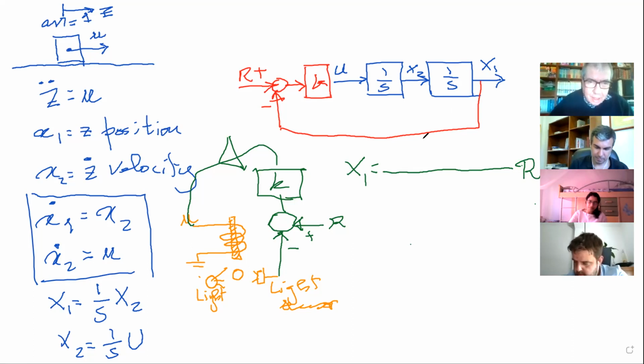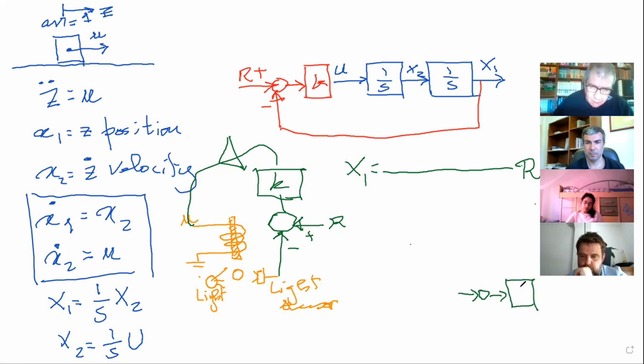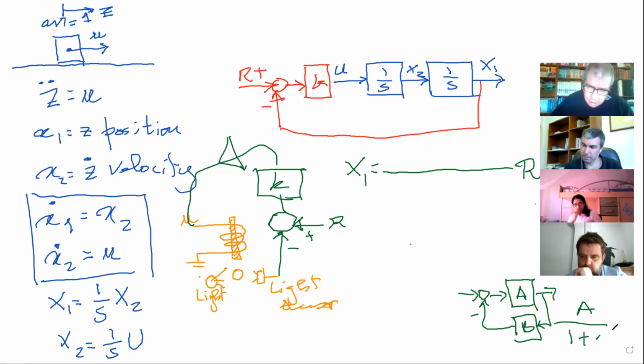Now remember the story that if I have A, and then a feedback with B, with a negative feedback, this is equivalent to A divided by 1 plus AB. Good.